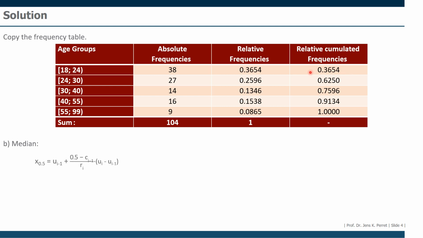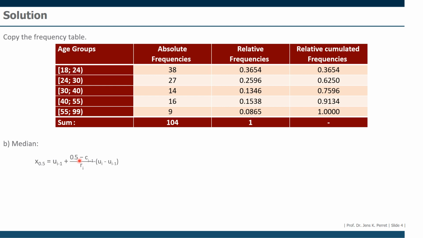Of course, if we take a look at the formula, that's exactly what we're going to need here. We use lower and upper bound of my group. So this is the lower bound, which here is the 24. This is upper bound minus lower bound, so 30 minus 24. Then I have 0.5. Those 0.5 are fixed for the median.